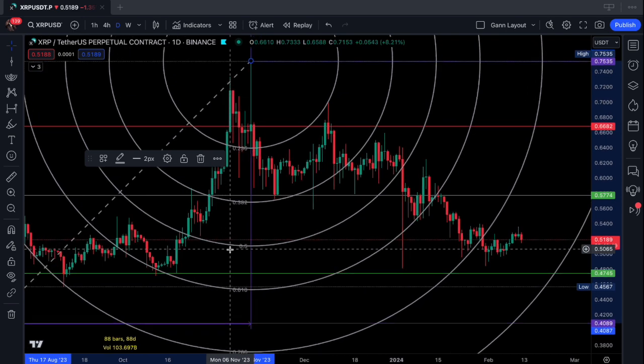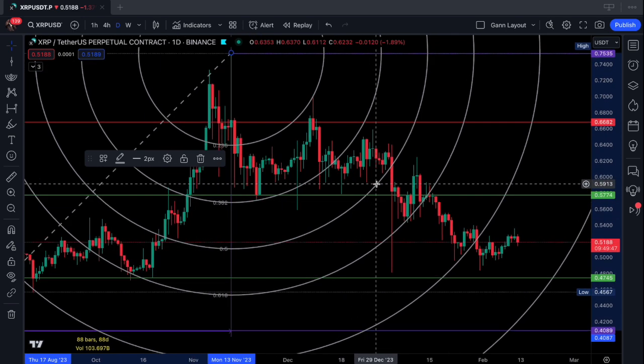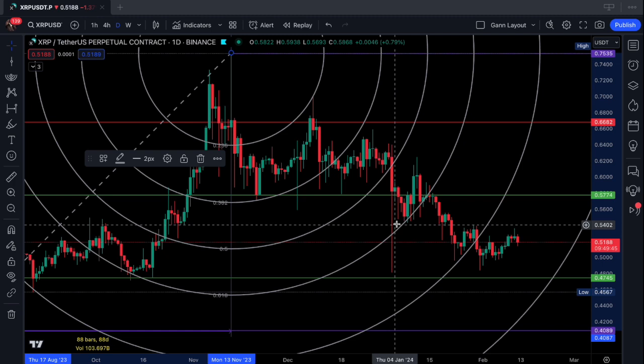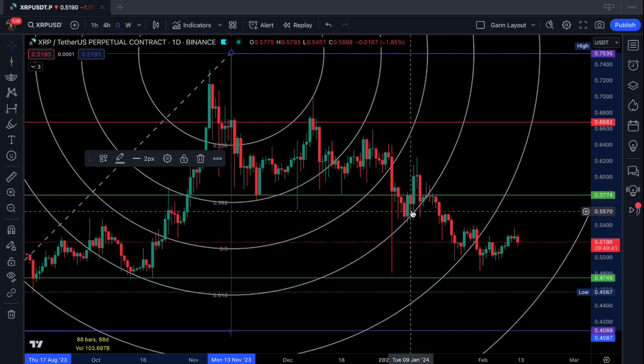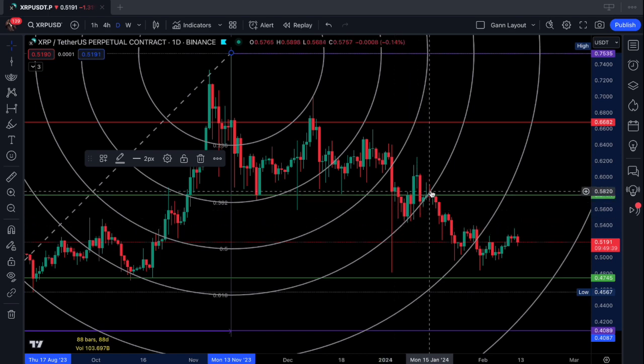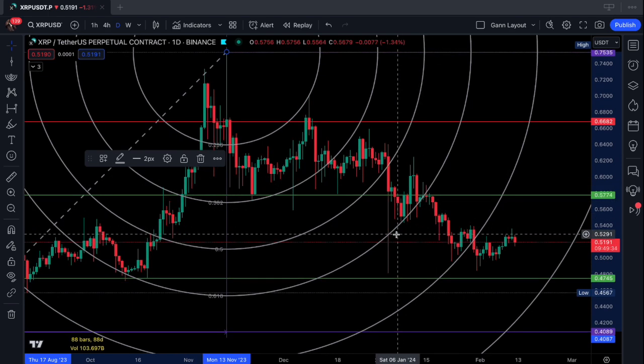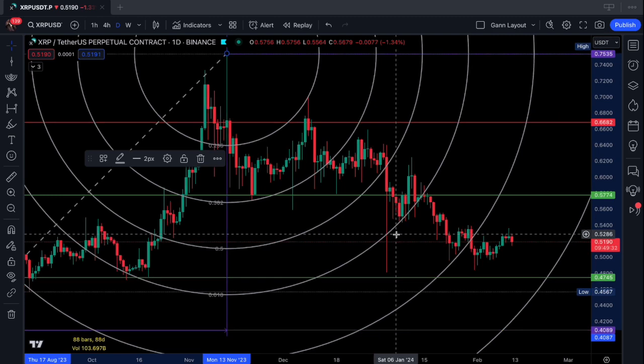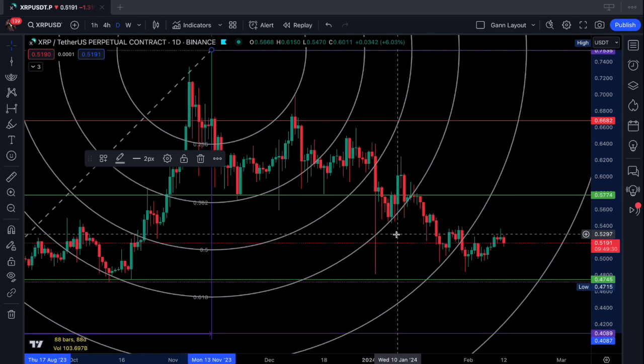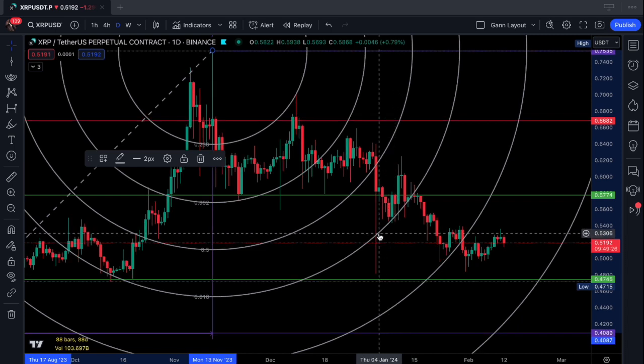Now I will try to show you with the replay, but it appears as if, yes, these Fibonacci levels, they are substantial. They have meaning on the XRP chart, but Fibonacci arcs, it's not a brick wall, okay? When the momentum is to the downside, nothing will hold the price.